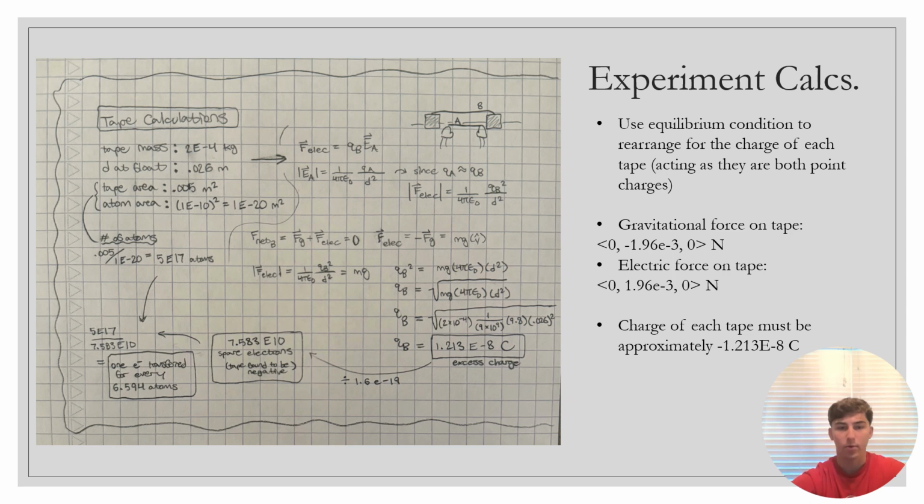And then we can rearrange our electric force equation to give us the charge on one piece of tape by plugging in all the other important information like the distance between the tape when the float happens. And this gives us a charge on each tape of approximately -1.21e-8 coulombs.